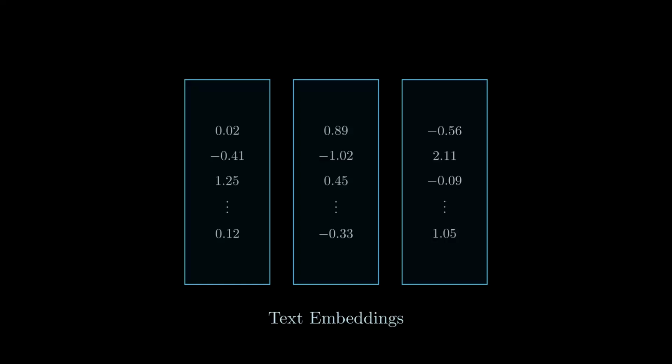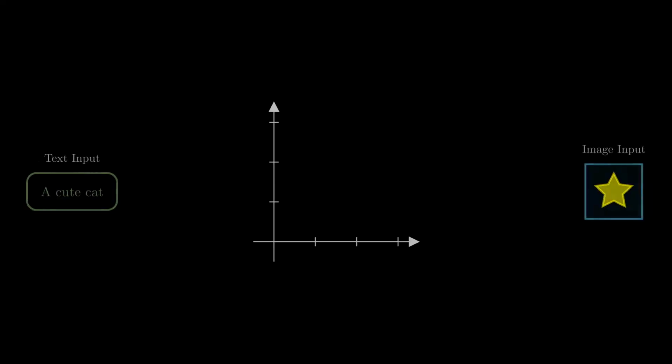To understand how a model like DALL-E or Sora creates visuals from words, we first need to understand how it thinks. Imagine the AI's brain not as a collection of images, but as a vast, multidimensional map, a mathematical space where every idea has a specific coordinate. Now, we have two completely different languages. On one side, we have human text, like the phrase "a cute cat."